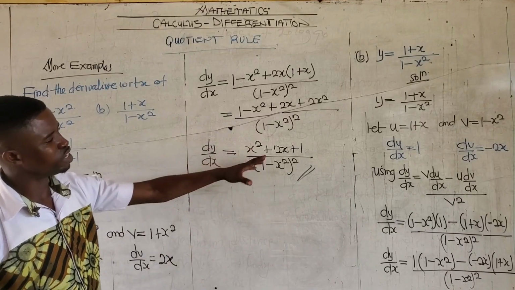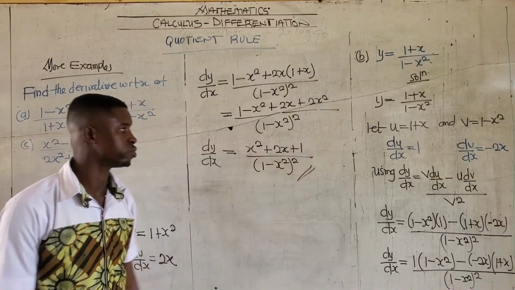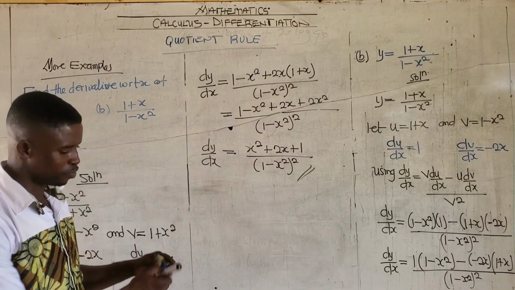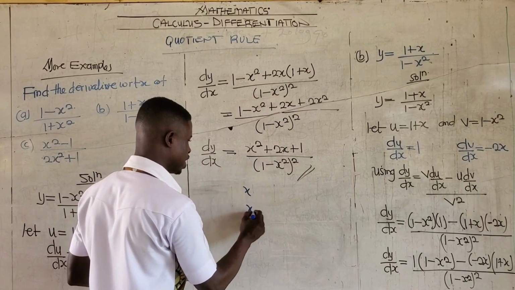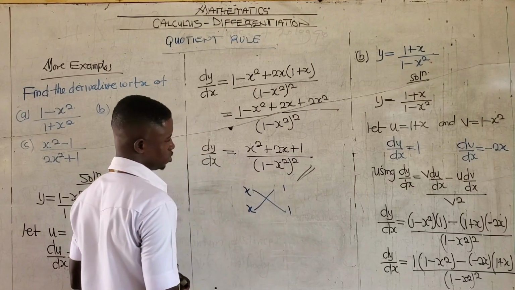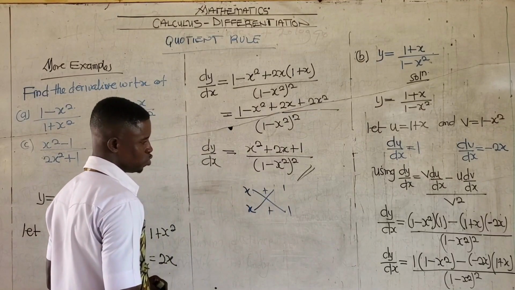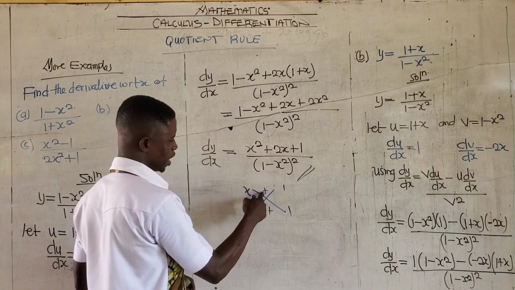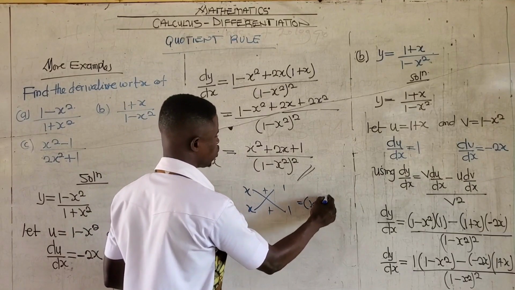So with this, I think you can even go down. But if you don't want any issue, you can also leave it this way. Because I can also factorize this one. x squared is the same as x times x, then 1 is the same as 1 times 1. So the top here is the same as x plus 1, which is the same as x plus 1 all squared.